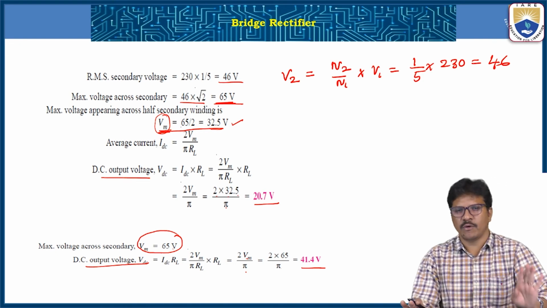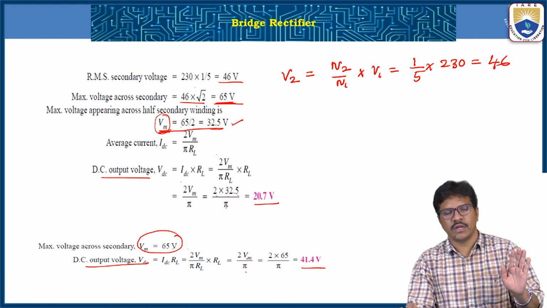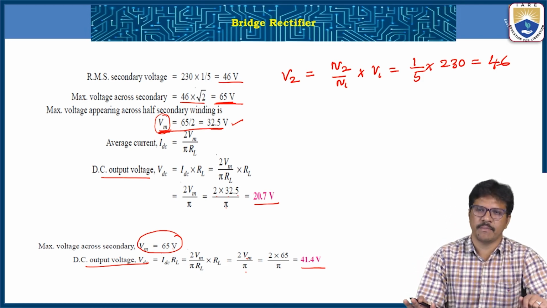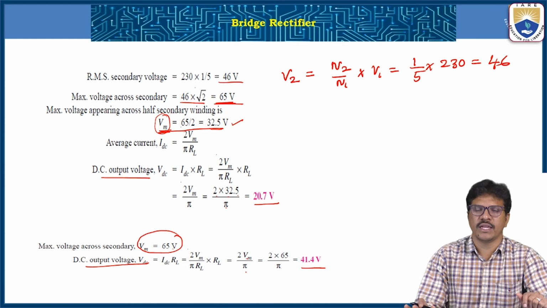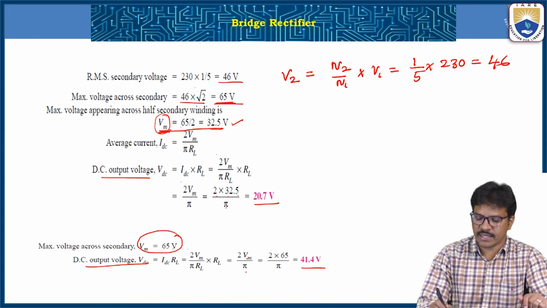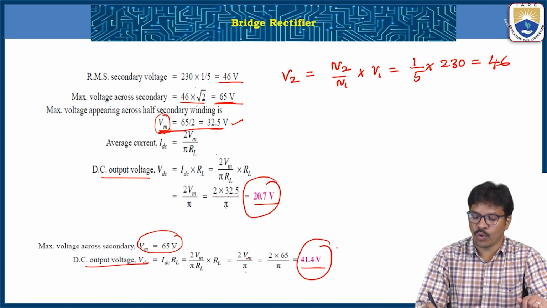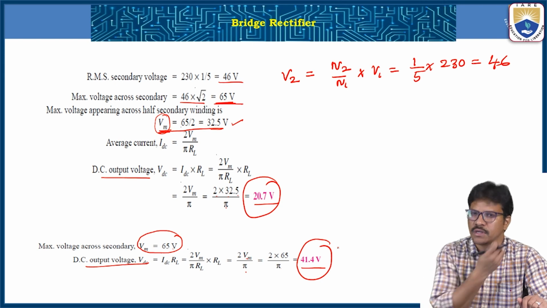So same network, same input voltage, same transfer ratio, same load resistance, but the DC output voltage across the full wave rectifier is 20.7, whereas in the bridge rectifier you will get more, 41.4 volts.